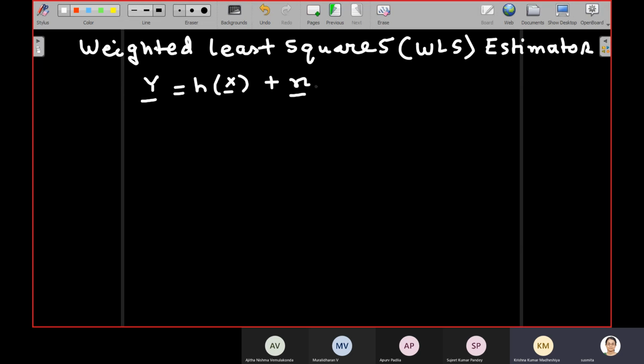Instead of handling a single quantity, now we are actually working on vectors. So y is a vector, x is also a vector, n is also a vector. y is the measurement. Let's say we have m cross 1 measurements. This is put as a vector. Then x, let's say of dimension n cross 1, and then n has to be m cross 1. So this is the measurement model.